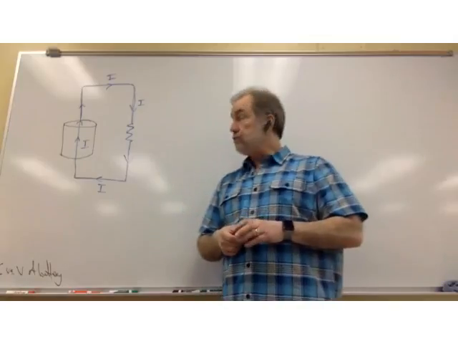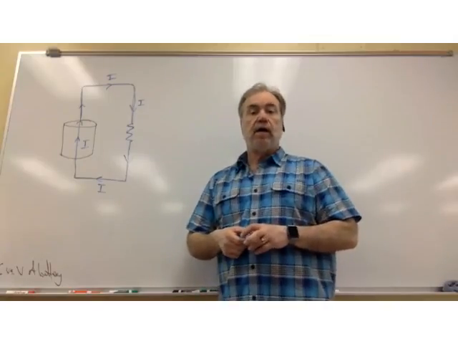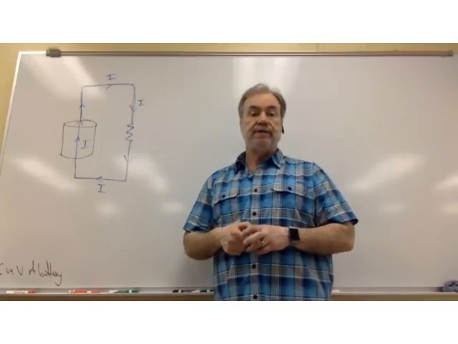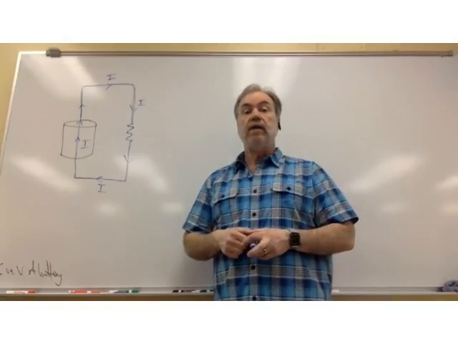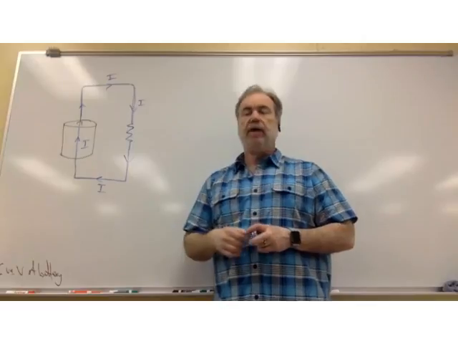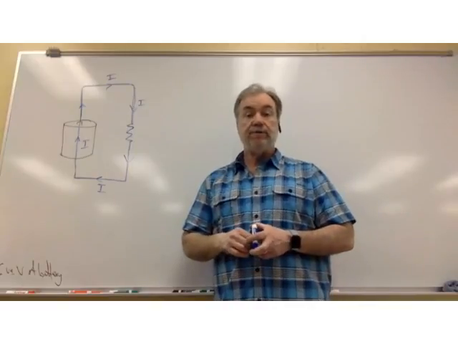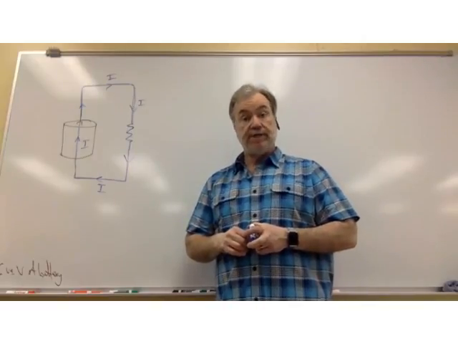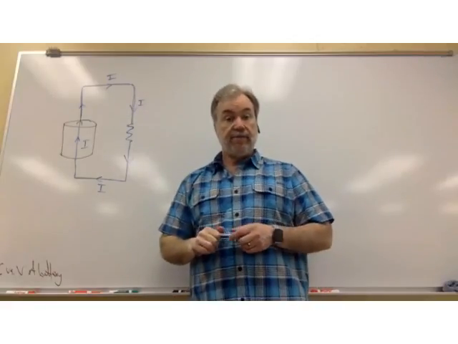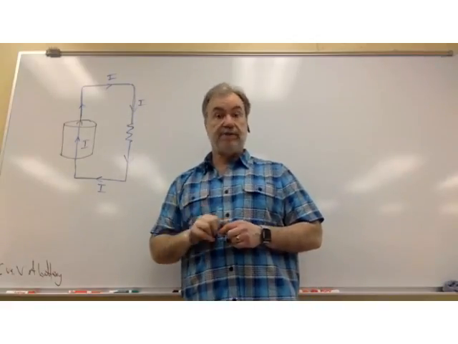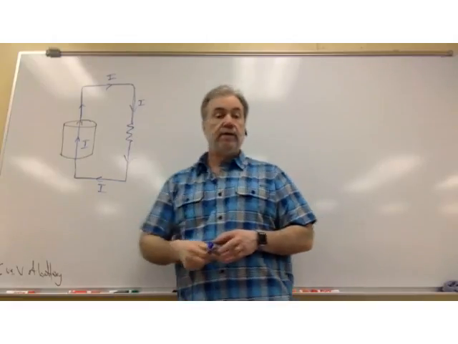Most so-called dry cell batteries are made up primarily of carbon inside, and carbon has a comparatively high resistivity, and there's other things in there. Anyway, there's internal resistance, but the internal resistance has an influence on the current. It tends to decrease the current, just like the resistance here decreases the current.